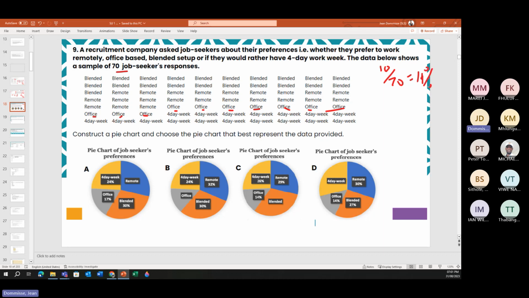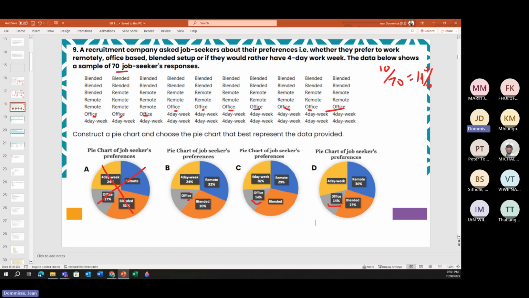Okay, so 14% office. There's a 14%, 17, so definitely not that one. Here they don't tell us what it is, but remember the pie needs to be 100.